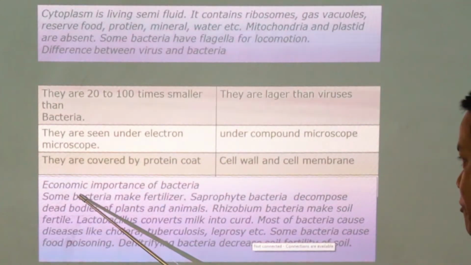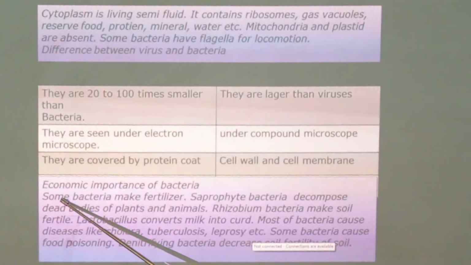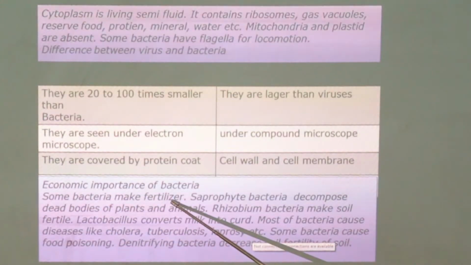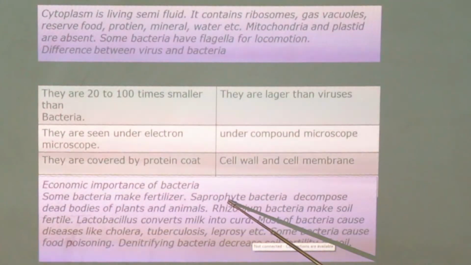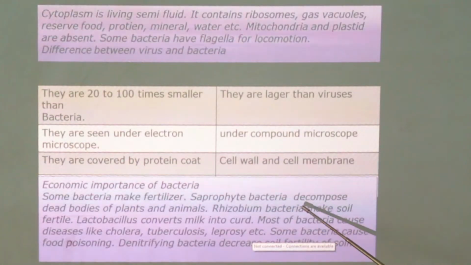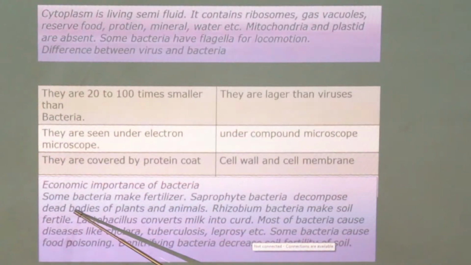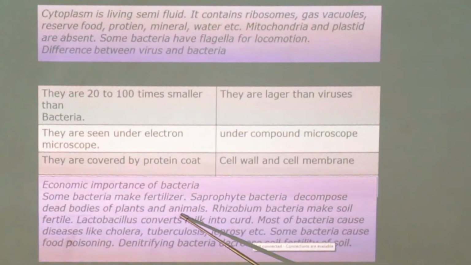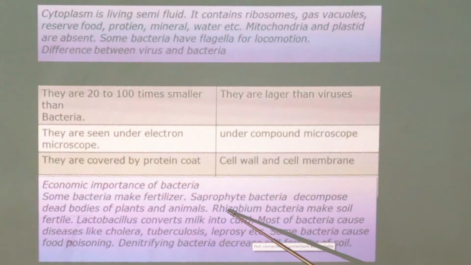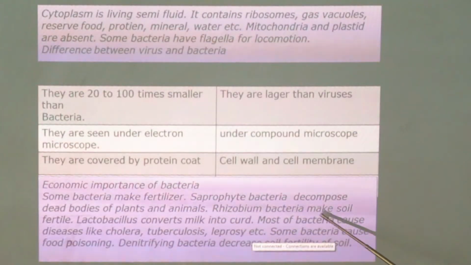Economic importance of bacteria. Some bacteria make fertilizers. Saprophyte bacteria decompose dead bodies of plants and animals. Rhizobium bacteria make soil fertile. Lactobacillus converts milk into curd.